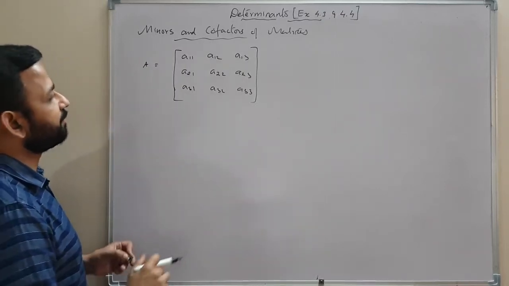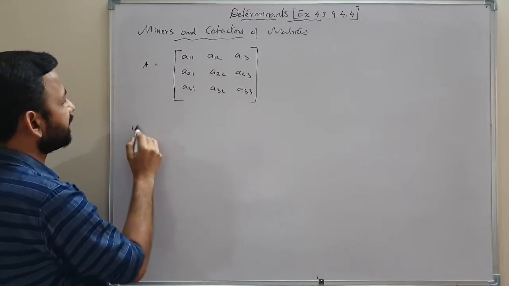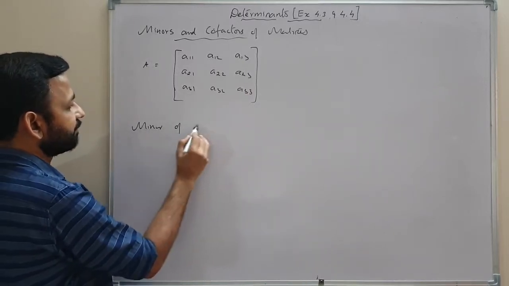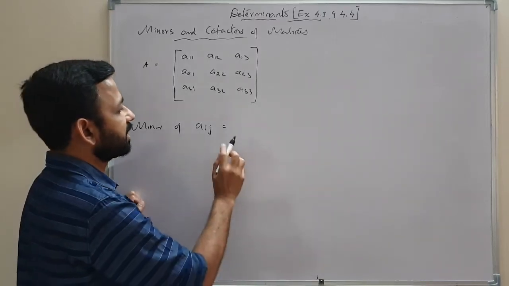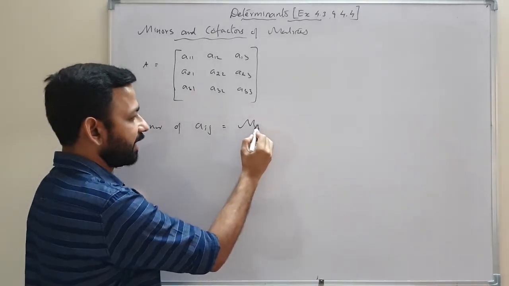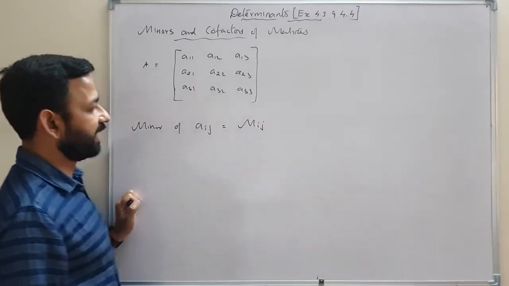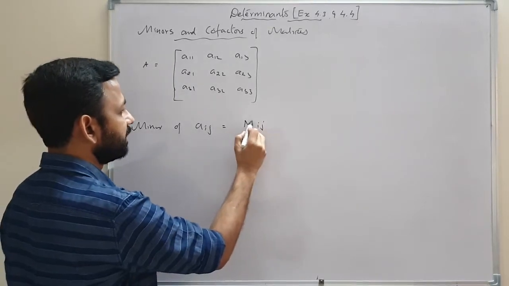Minor of Aij is denoted by Mij, capital letter M, Mij.